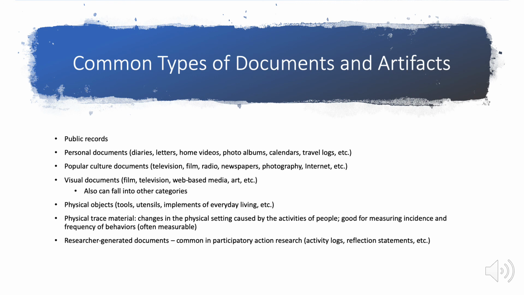Physical trace material is the idea that the physical setting is changed because people have done some activity. And then sometimes some documents can be generated by researchers, which is more common in a participatory action research approach, although I've actually participated in a document review study from a randomized control trial where we reviewed treatment notes.